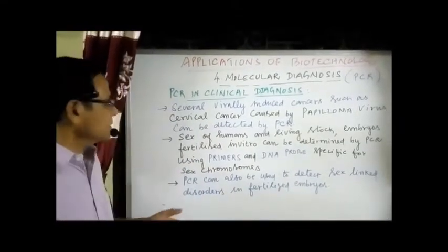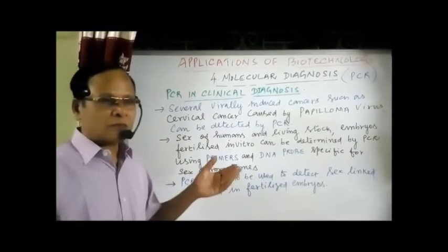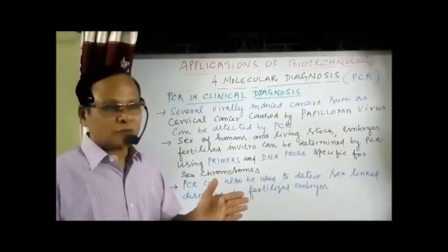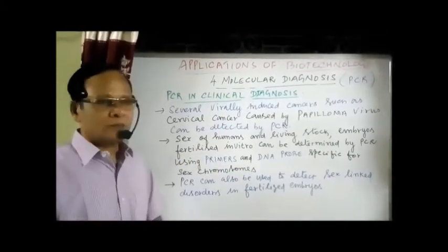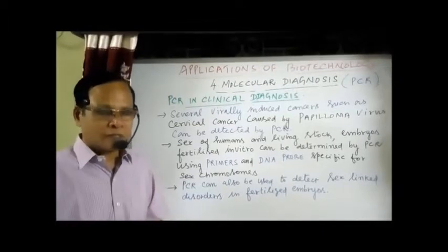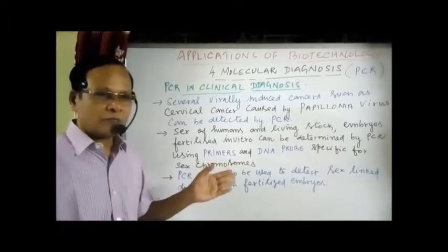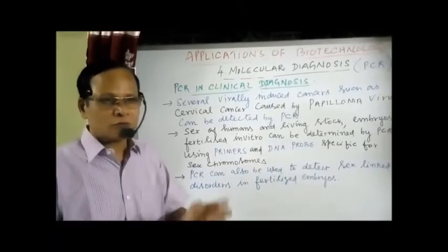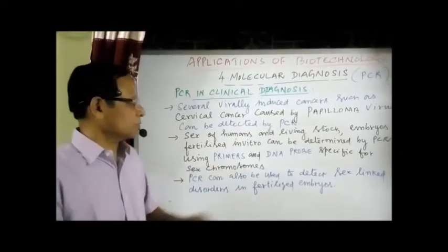The next one: the sex of humans and also livestock, and also embryos fertilized in vitro, that is, outside the body, can be determined by using a primer DNA or a DNA probe. A DNA probe means the enquirer, the one which is used to find out, specific for sex chromosomes.